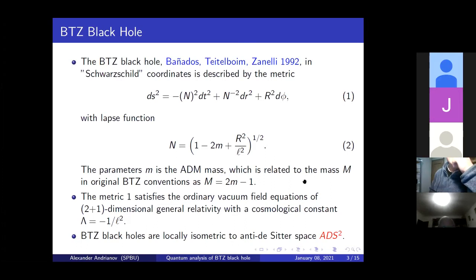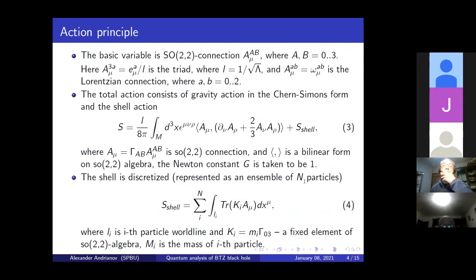The BTZ black hole is locally isometric to the anti-de Sitter space AdS2. We introduce the variables in the SO(2,2) connection and denote them, and the total action consists of the gravity action in Chern-Simons form plus the shell action. It is shown here.